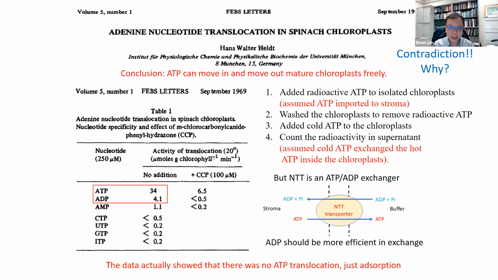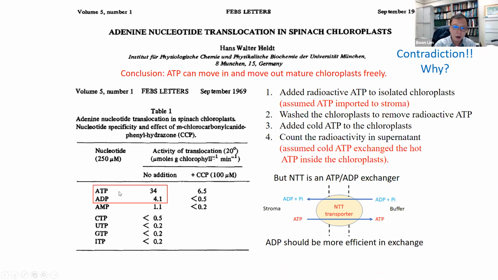So his data actually showed that there was no ATP translocation, but when he added the radioactive ATP, the radioactive ATP just absorbed on the external surface of the chloroplast. When he washed the chloroplast, the radioactive ATP in the supernatant was removed. However, there was still some radioactive ATP absorbed on the surface.